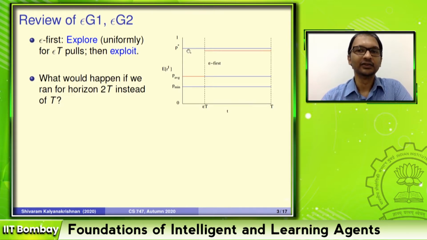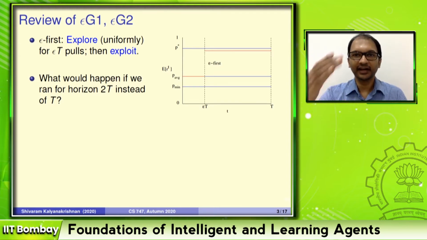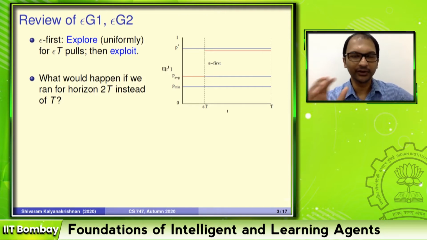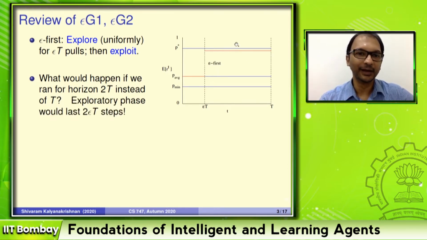So the rectangle between p average and p star for epsilon t steps is just going to get stretched if you stretch the horizon. And so the ratio of this to t is going to be essentially epsilon. It's going to be at least epsilon. It might be a little bit more if we add the area from here, but it's not going to go below epsilon.